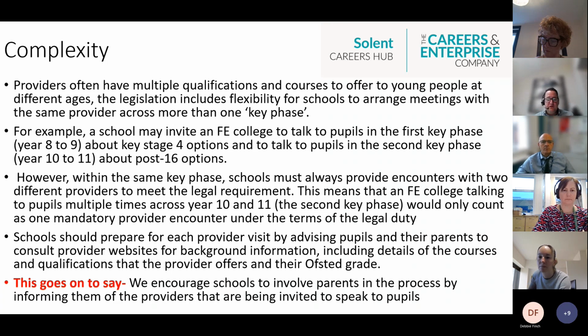Now, one of the themes that will come through this is around the parent piece. There is a ramping up in here around parents being involved and understanding the encounters that their young people will be having. This goes on to say we encourage schools to involve parents in the process by informing them of the providers that will be invited to speak to pupils. And how you do that, we will come on to a little bit later on.